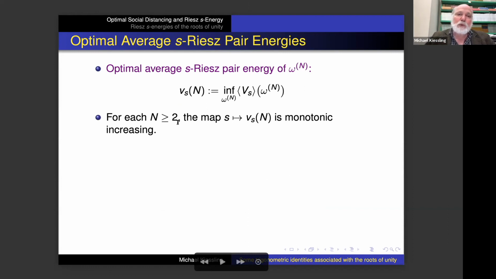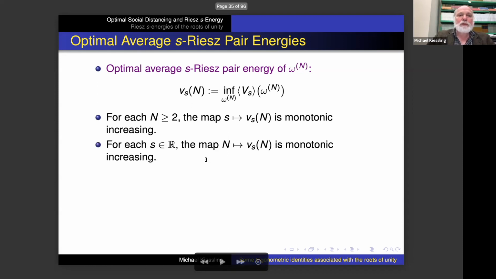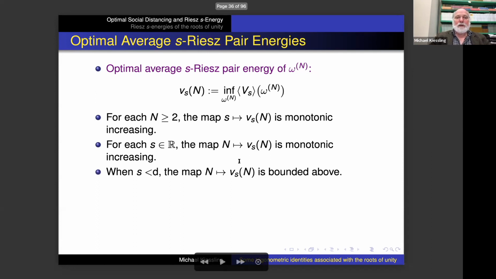But what you can show is that for each n bigger or equal than 2, the map from S into the optimal average Riesz pair energy is monotonic increasing. That's just a calculus problem. It is also not difficult to prove that for fixed S, the map from the number of points into the optimal average Riesz pair energy is also monotonic increasing.